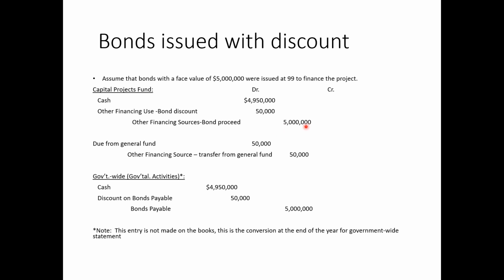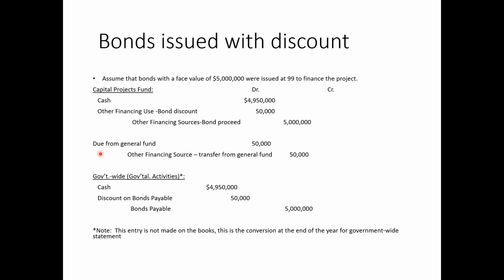If we issue 5 million of bonds and receive 4.95 million, we don't have enough money to complete the project. The project we expect to use $5 million. So we're short of $50,000.